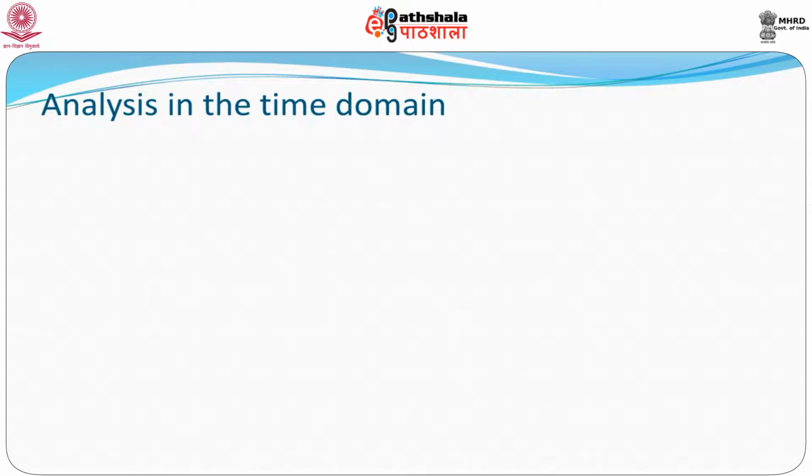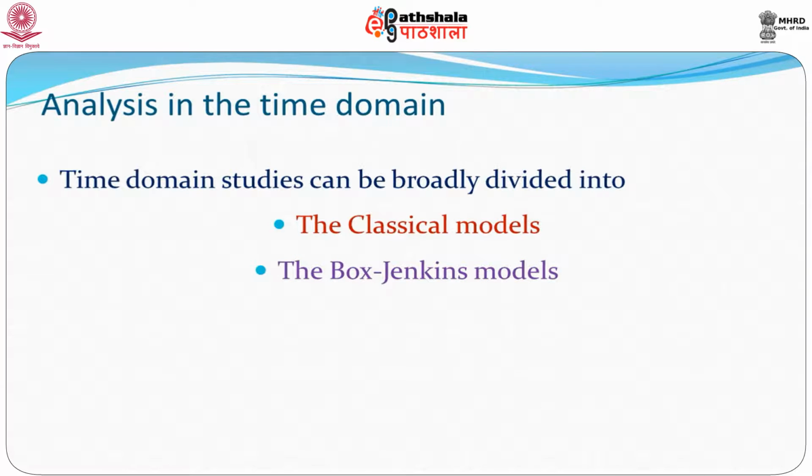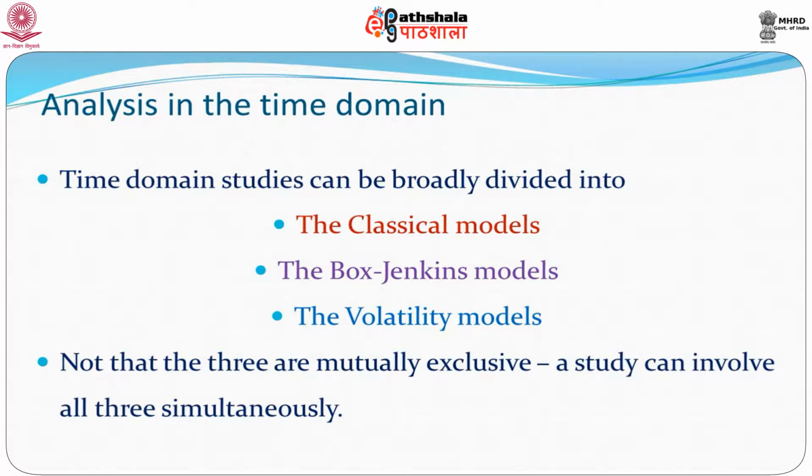We will look at analysis in the time domain. Now, time domain studies can be broadly divided into the classical models, the Box-Jenkins models and the volatility models. Note that the three are not mutually exclusive; a study can involve all three simultaneously, particularly the volatility models with the classical or the Box-Jenkins models, because the volatility models are primarily the modeling of the variance, whereas the classical models and the Box-Jenkins models are modeling of the mean.